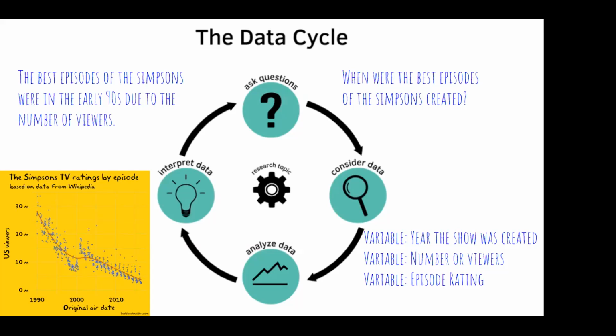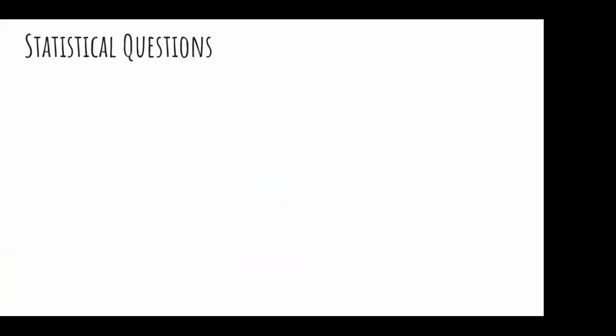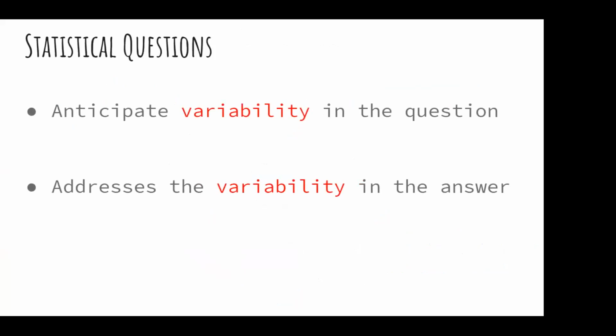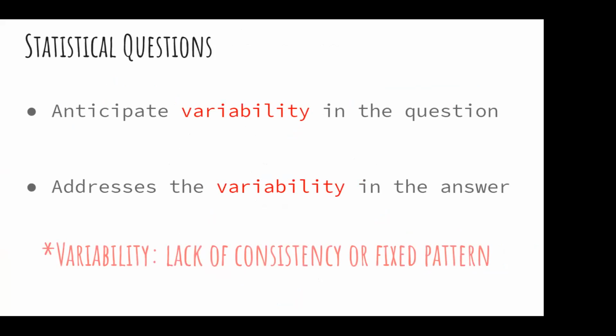That's very limiting. But this allows for much more variability in looking at your data. So statistical questions are mainly about variability. Is your question open enough that it allows for data to be collected from a multitude of people?